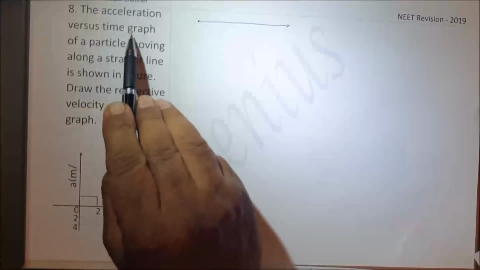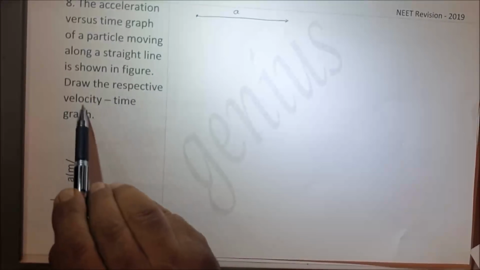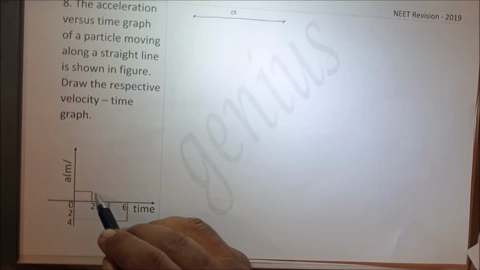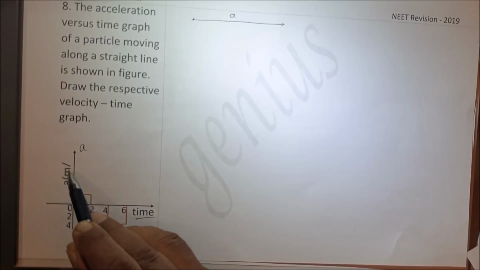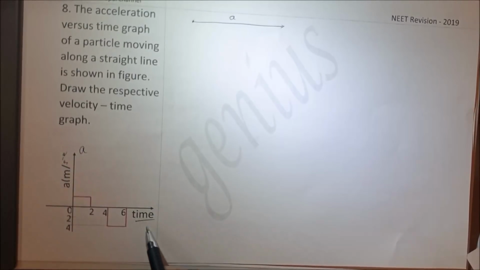There is certain acceleration of it. Draw the respective velocity time graph. The AT graph is given to us. This is A and this is T. Acceleration in meter per second square, time in terms of T.